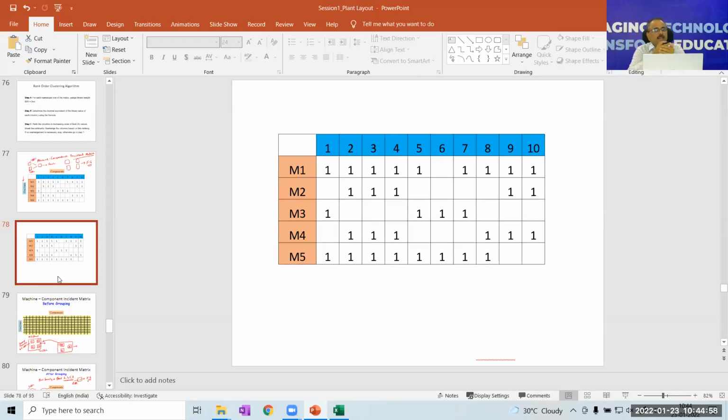Similarly, in any industry, let's say if it's a machine shop which needs to process n number of jobs, let's say 20 jobs, if we can find certain similarity among those 20 jobs. What is the similarity here? The similarity is in terms of the processing steps on that particular part.